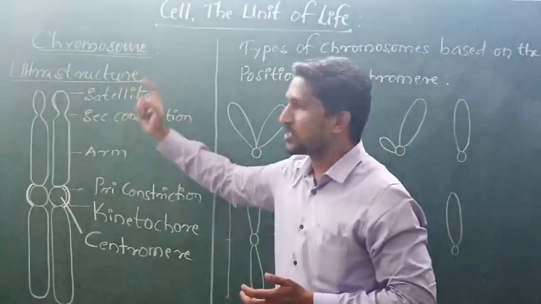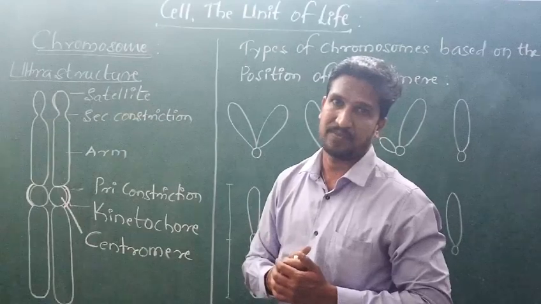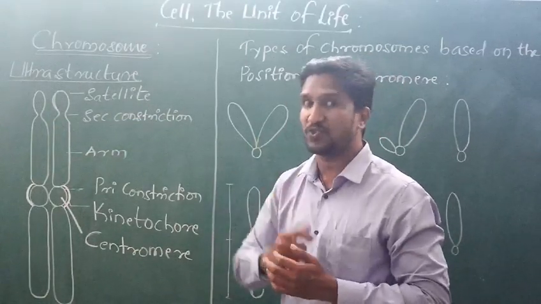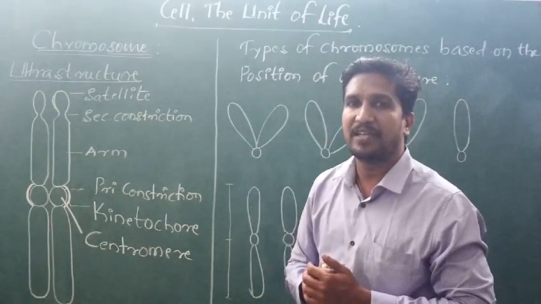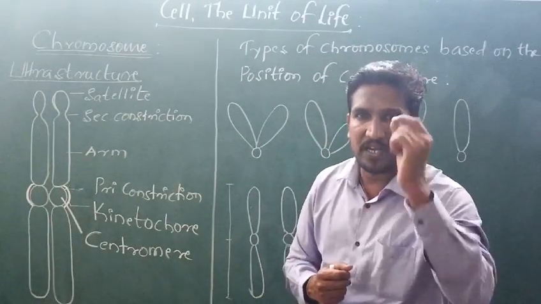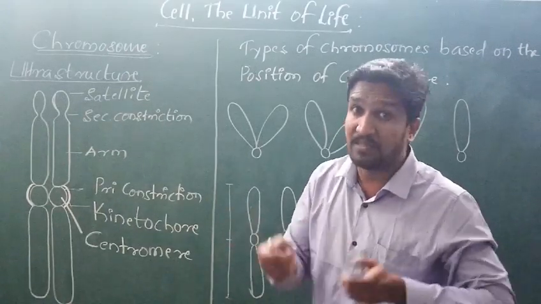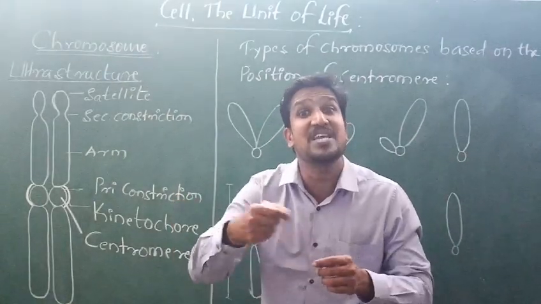So, the ultrastructure of a chromosome. Ultra means a very tiny one. Just imagine that we cannot see the cell with the naked eye. In that cell, there is an organelle like a nucleus. In that nucleus, chromosome. In that chromosome, DNA.